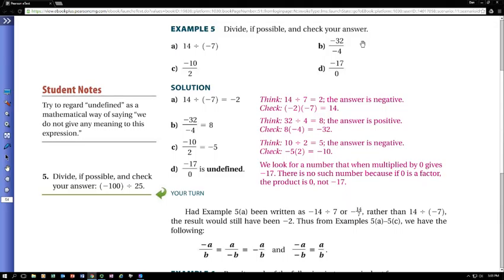But it's important to understand what division is, because look at example D now. Negative 17 divided by 0. The definition of division is multiple subtractions. So I have a negative 17, and I'm going to subtract 0 from it and see how many times I can do that. It'd be easier to visualize with positive numbers.